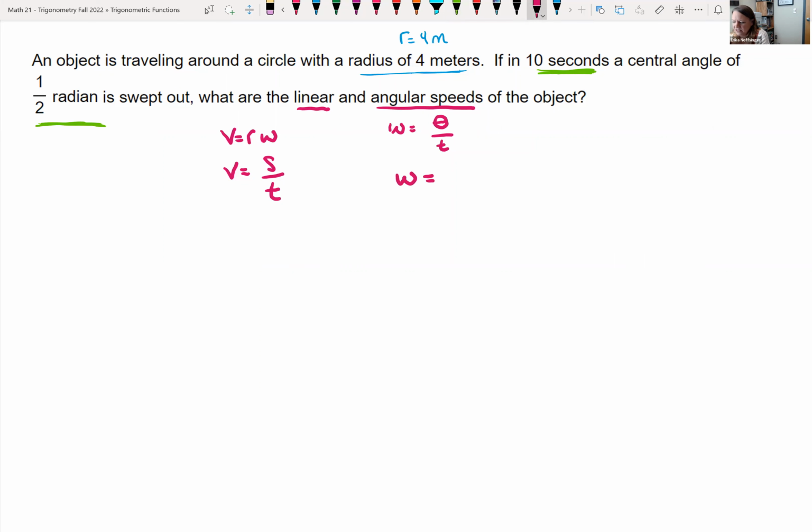We have radians, which we want, it's 1/2 radian, all over our time, which in this case was 10 seconds.